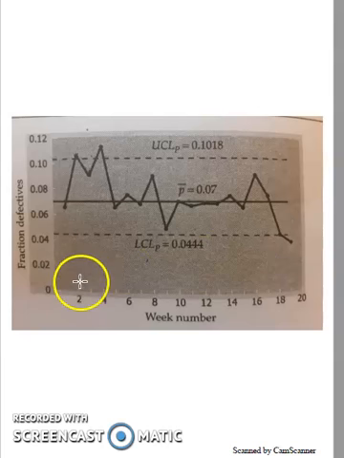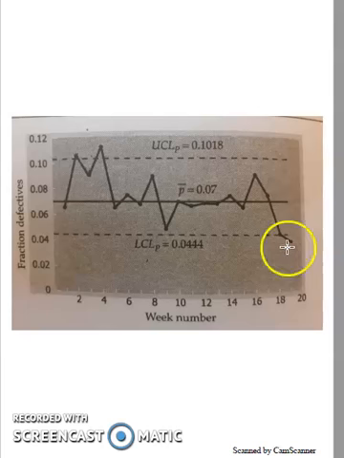Here week number 3, week number 2, week number 4 and week number 19, these 3 weeks' data: week number 2 and week number 4 are above the upper control limit, and week number 19 is below the lower control limit. We can say that the process is not in statistical control.